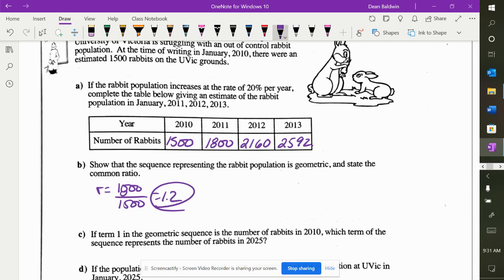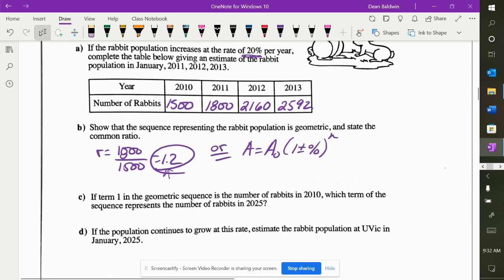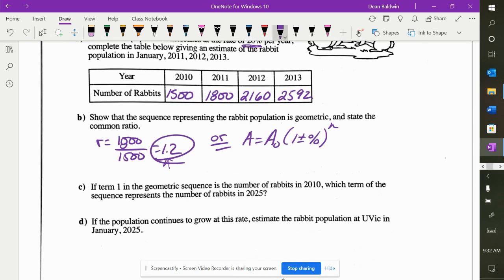Or, if you remember the logs unit, remember this formula? 1 plus or minus the percentage. The percentage is 20. 1 plus 20% is 1.2. All right, we're going to call this T1.